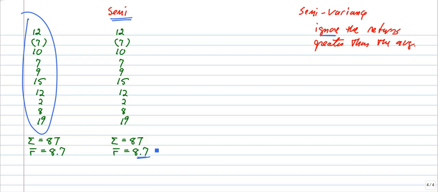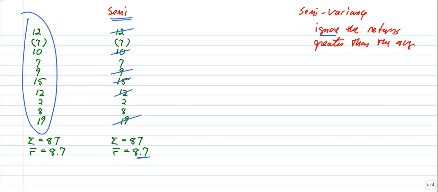Semivariance, since the average is 8.7, it would say, well, we're not going to include the 19 because that was good volatility. Right? Actually, we're not going to include the 12 or the 15 or the 9 either because those were higher than the average. The 10 and the 12 were higher than the average.